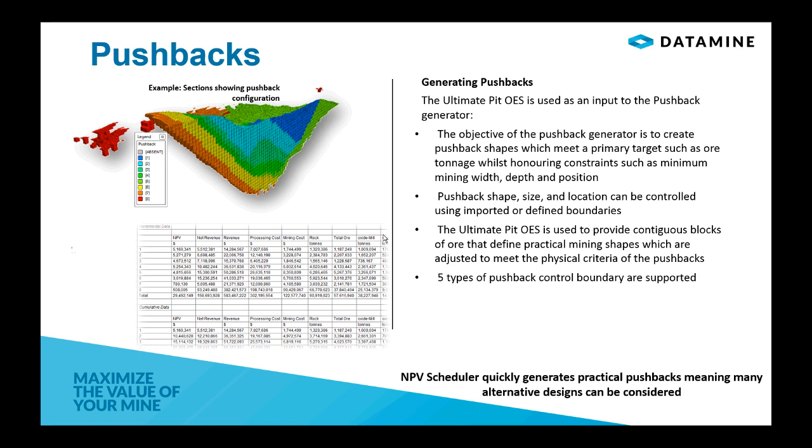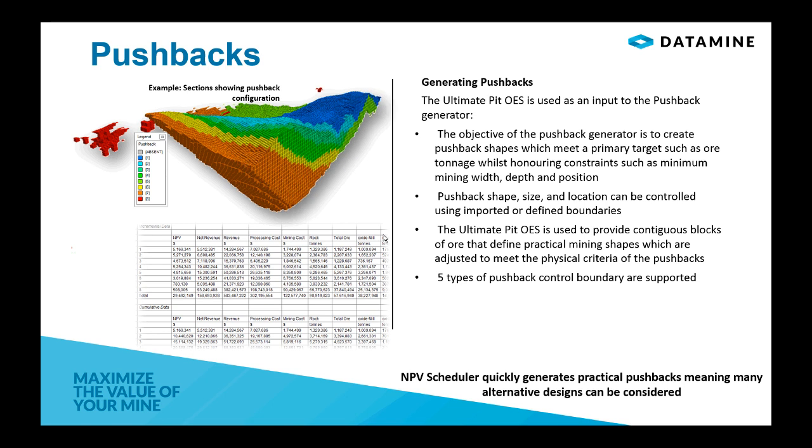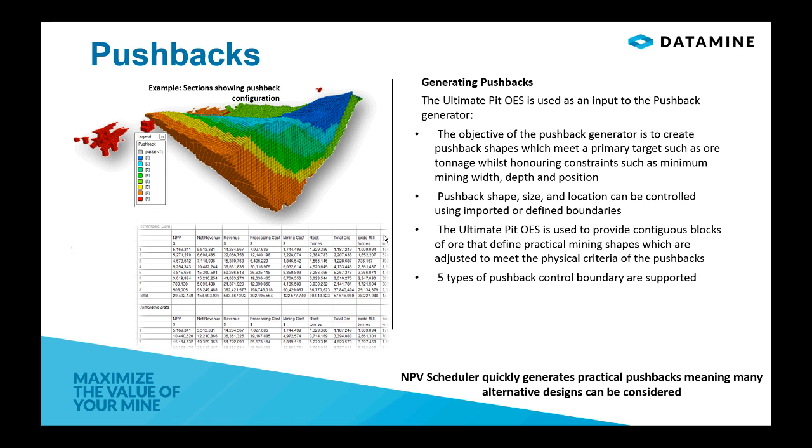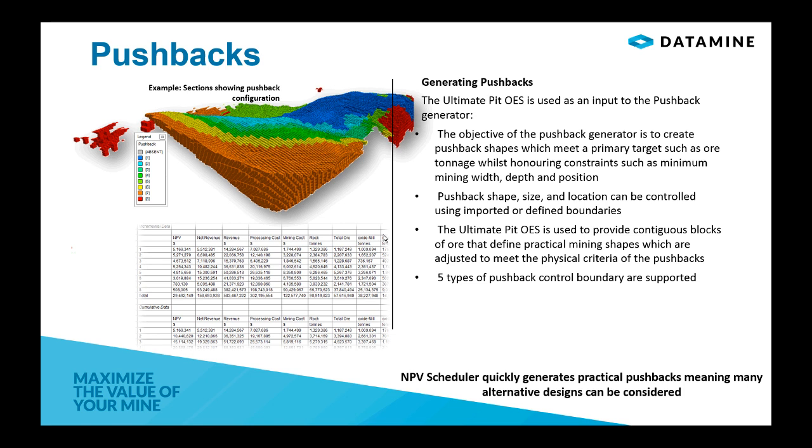After we create the nested LG shells, we're defining constraints like minimum mass and minimum mining width to generate practical pushbacks. Pushback stages or phases need to honor certain engineering constraints, and they have to be based on the nested LG shells in order to preserve the maximum value.